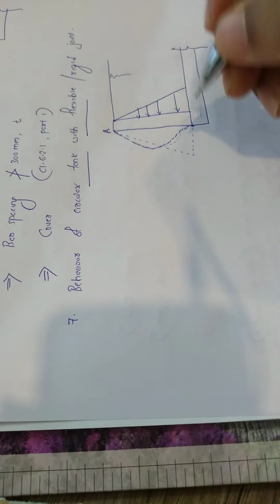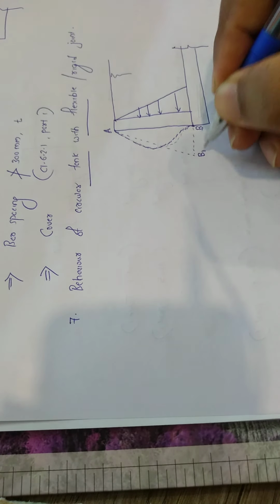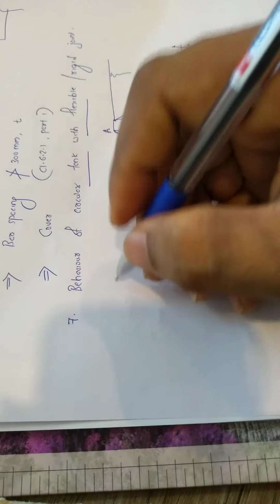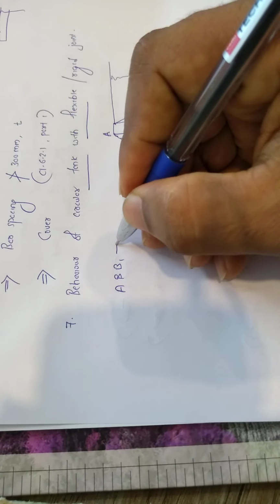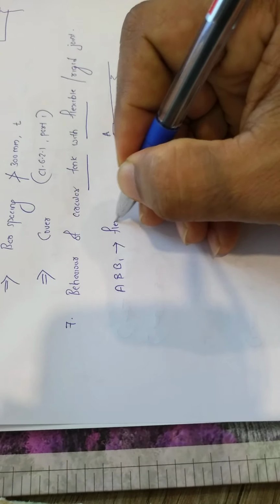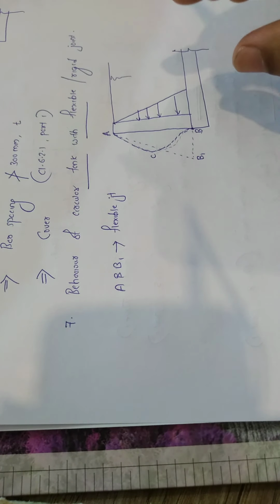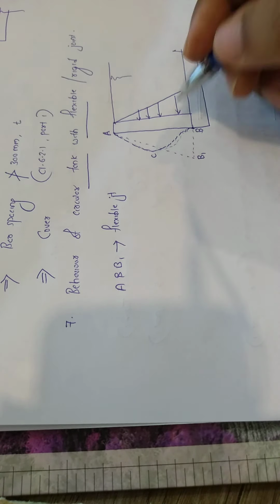This is the point A. This junction is marked as point B. This point is B1, and let this be C. Okay. So A, B, B1 is the deflected shape when it is a flexible joint. Okay. So this hydrostatic pressure is trying to increase the diameter of this water tank.